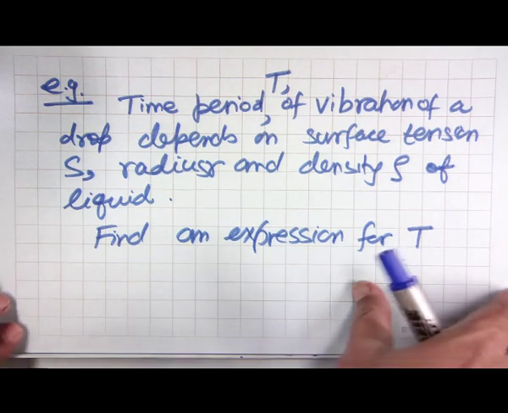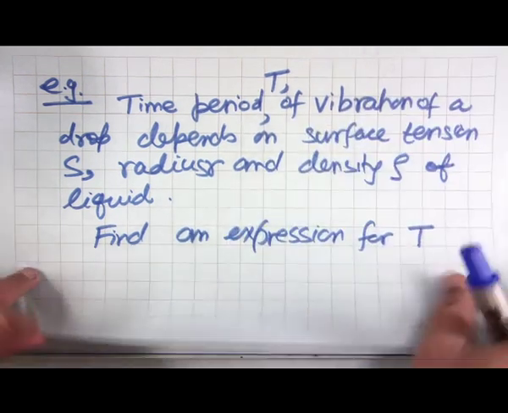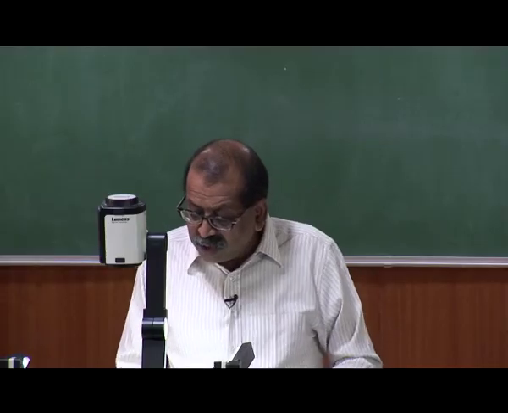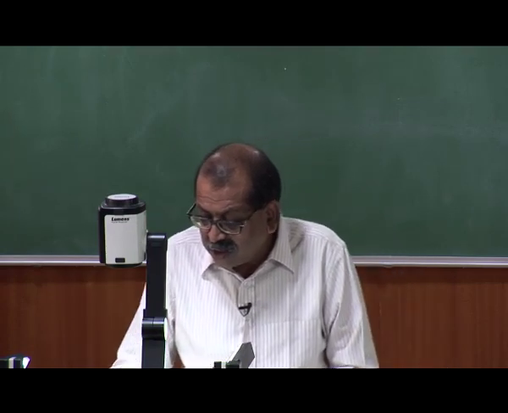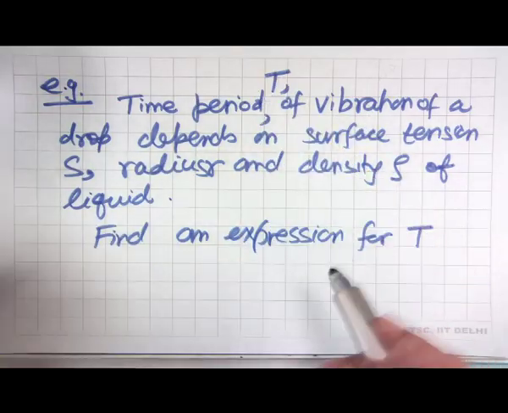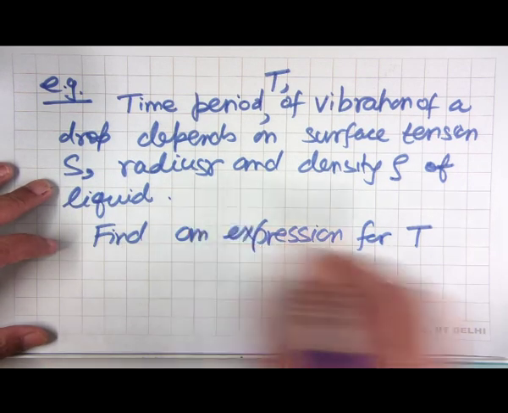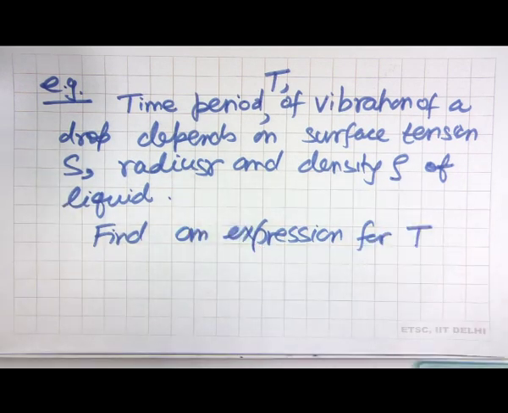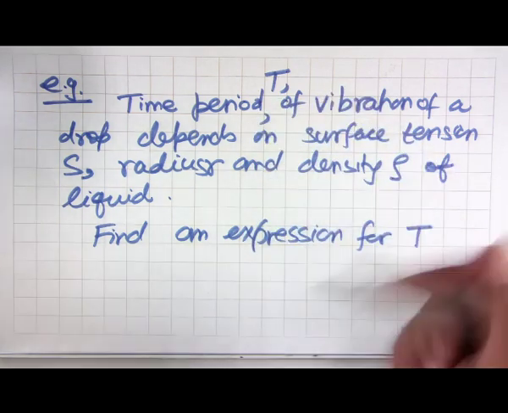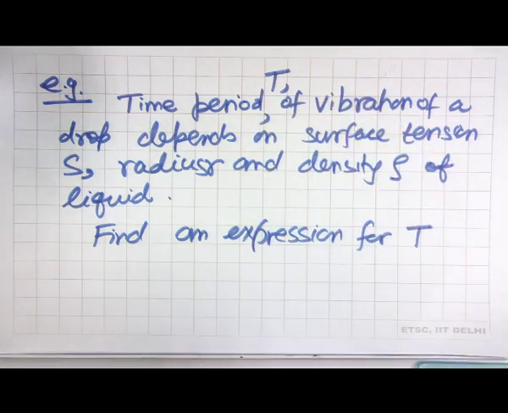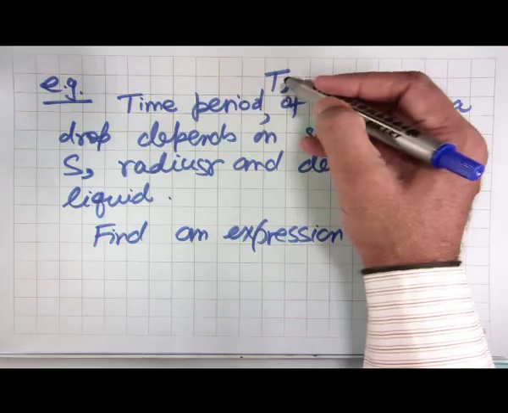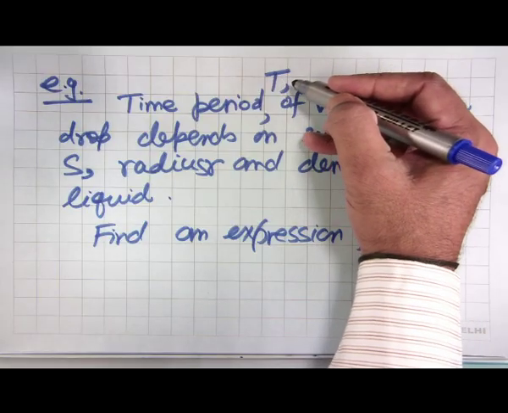Here, the way we express these problems, one thing we will have to realize is that this will work when the time period is a function of surface tension, radius and density. So, if we write the basic dimensions involved in all these quantities, time period will involve time.